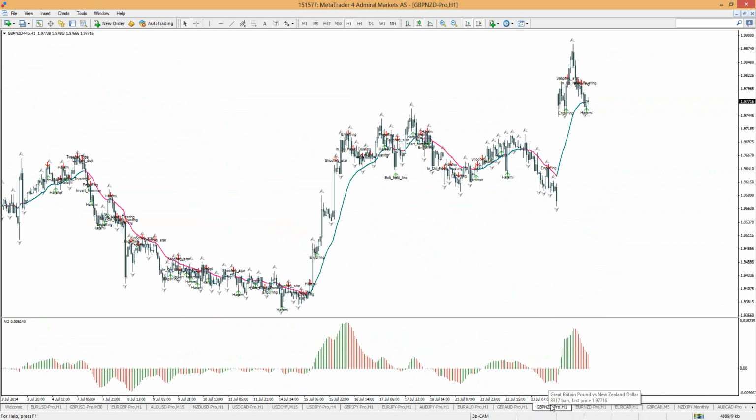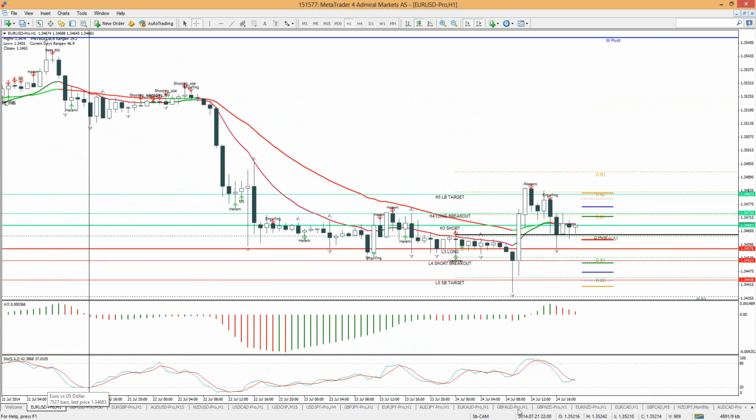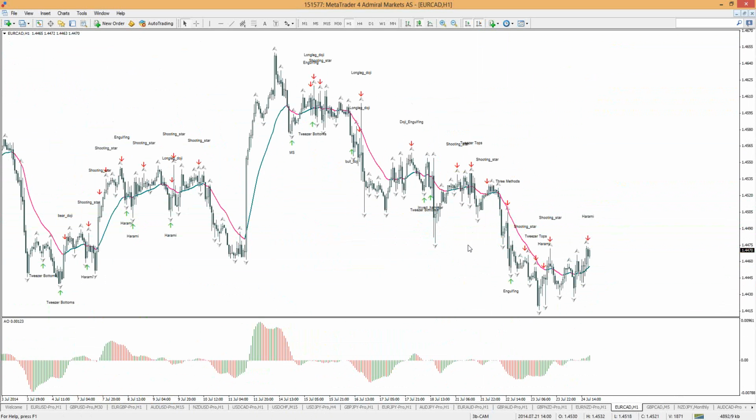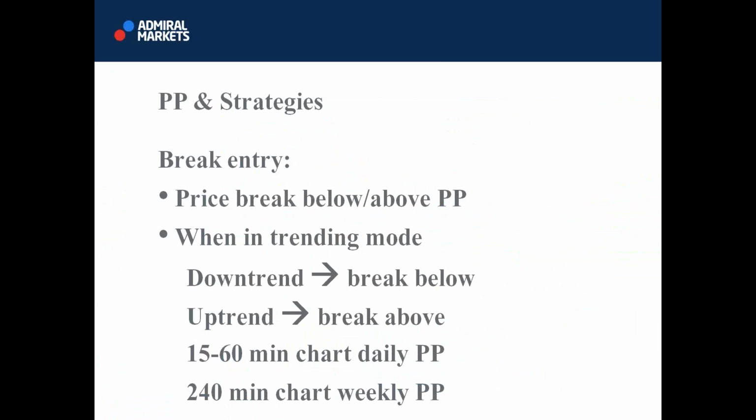EuroCAD, but we don't have the pivot points of yesterday anymore. That's the problem. Anyhow, that example is unfortunately the only one I can present of today.